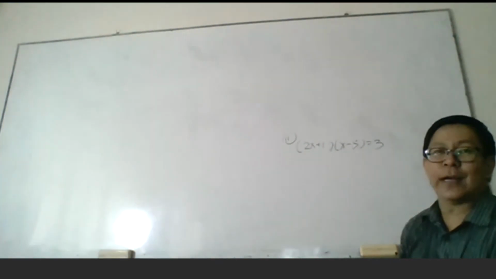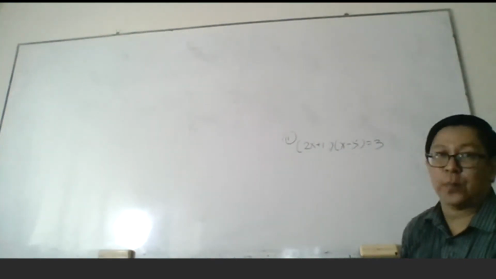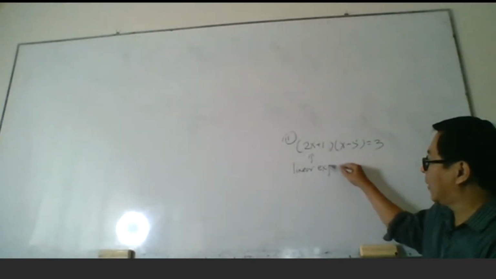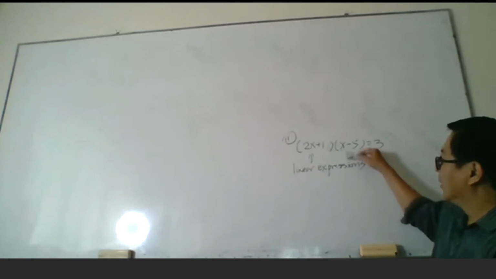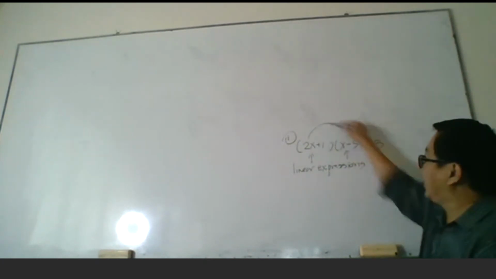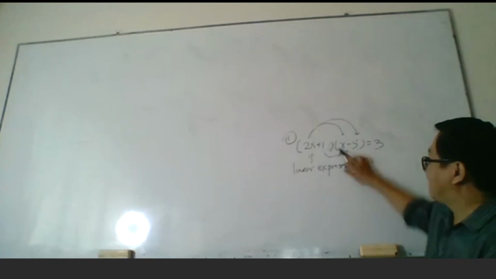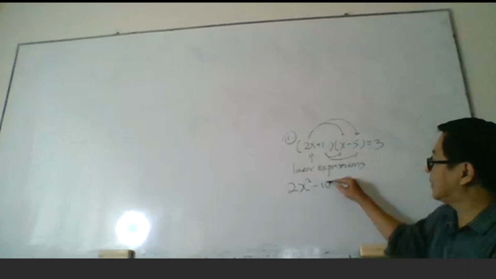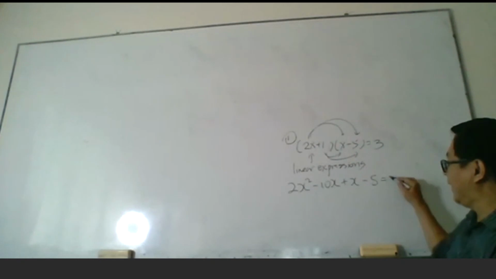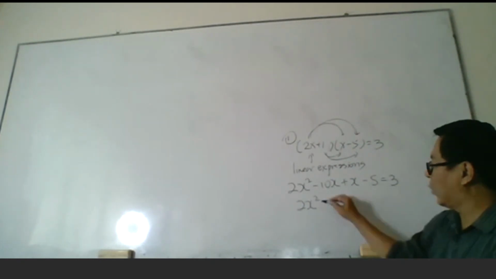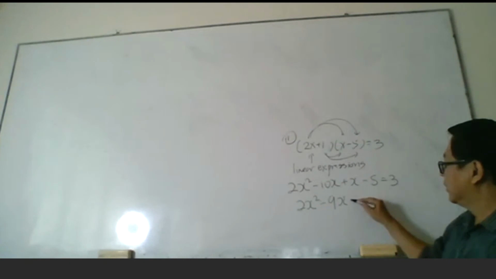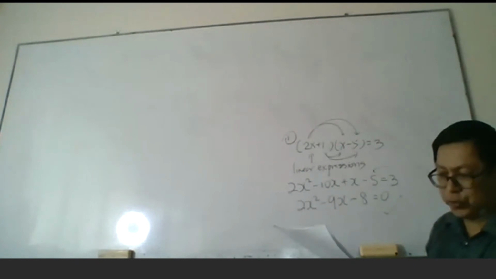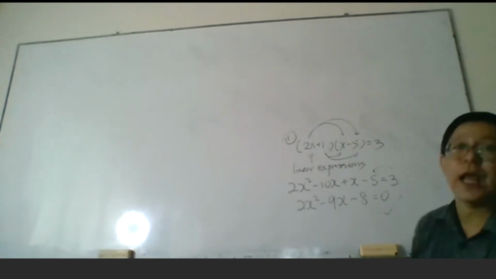In order to get the quadratic equation in general form, we need to expand these linear expressions one by one. So 2x squared minus 10x plus x minus 5 equal to 0, and 2x squared minus 9x minus 5 equal to 0. Then this is your quadratic equation in general form.